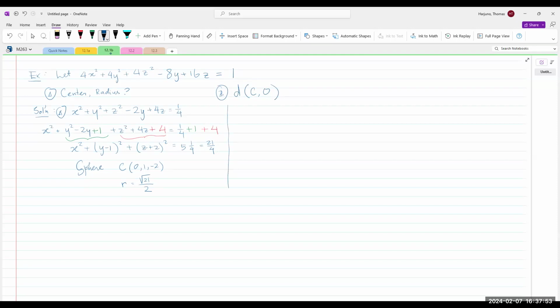Well, the center to the origin, basically we use the distance formula. Let's call this d. So d squared equals, the center is 0 minus the x of the origin. See, this is (0, 1, -2), and the origin is (0, 0, 0), right? So we apply the distance formula in 3 dimensions.